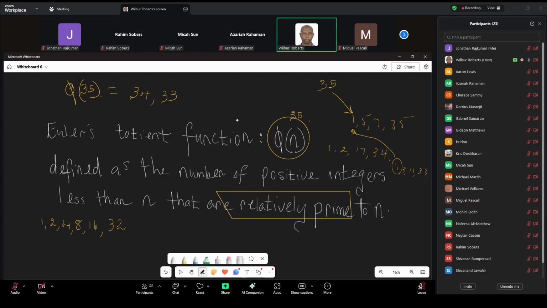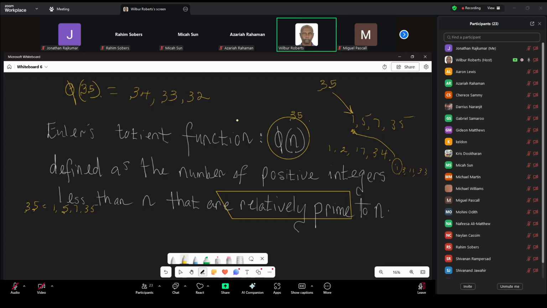So, again, 1 is the only common factor, because for 35 it is 1, 5, 7, and 35, right? So 32 is relatively prime because 1 is the only factor shared. So we have 32. What about 31?